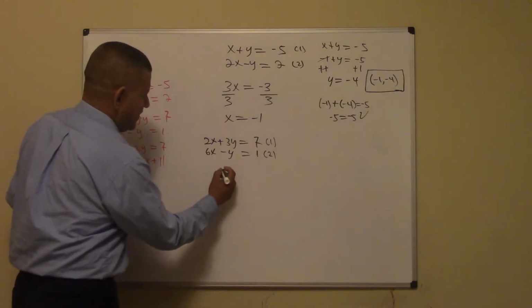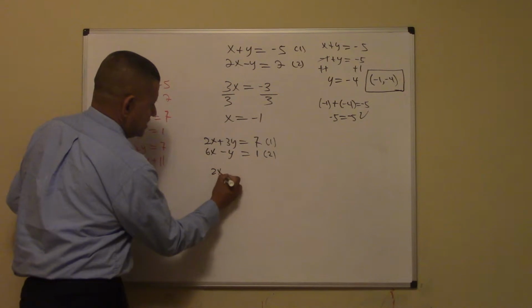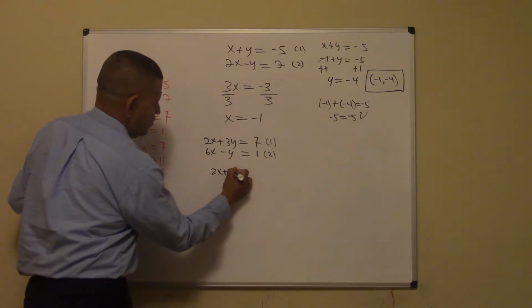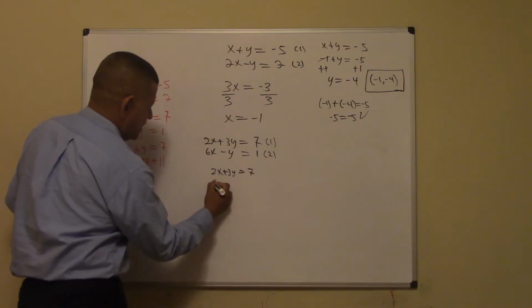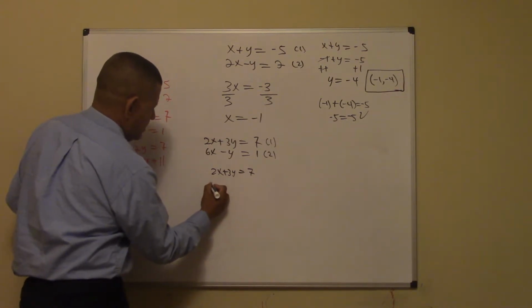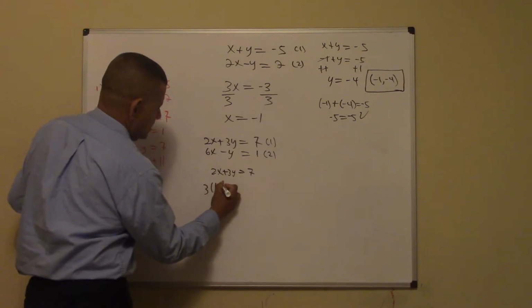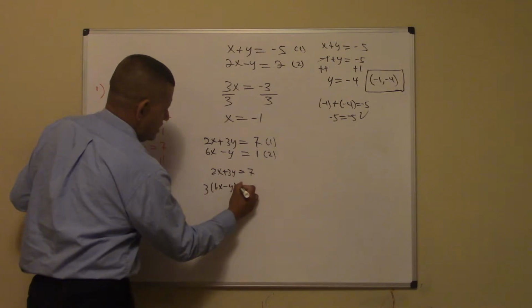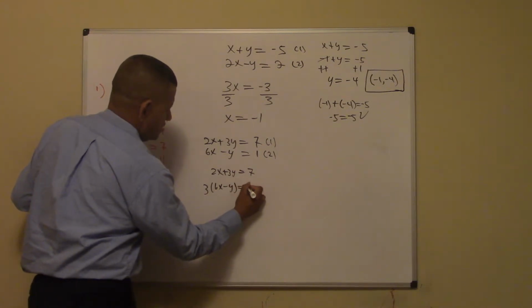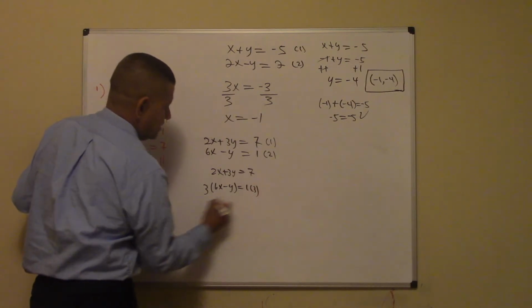So let's multiply that, okay? So let's write it here. Let's say 2x plus 3y is equal to 7, and 3 times 6x minus y equal to 1, but I also gotta multiply that by 3, okay?